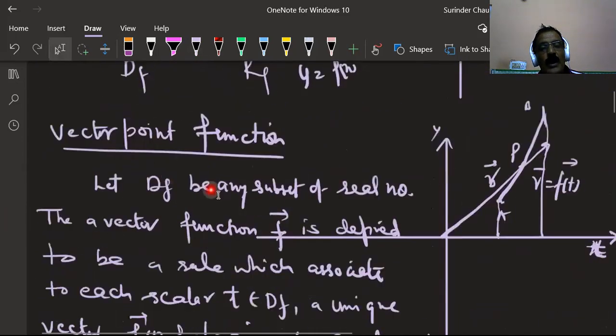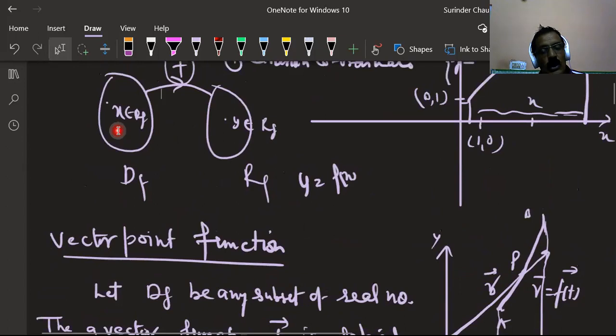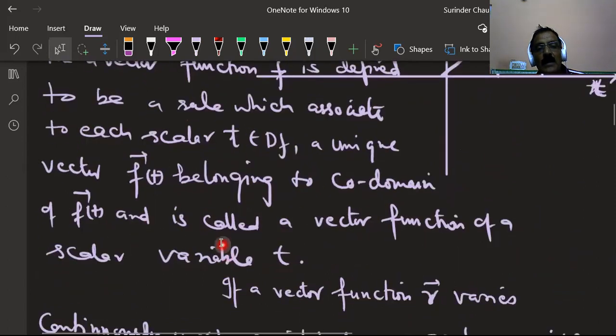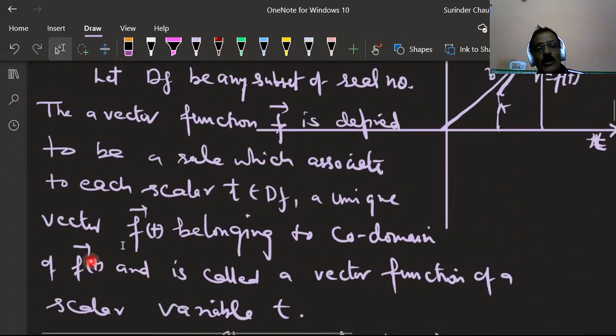X is also a scalar; in vector calculus we have replaced x by t, only a change of notation. To each t in Df, a unique vector f vector of t in the codomain is assigned, and this is called the vector point function of a scalar variable.